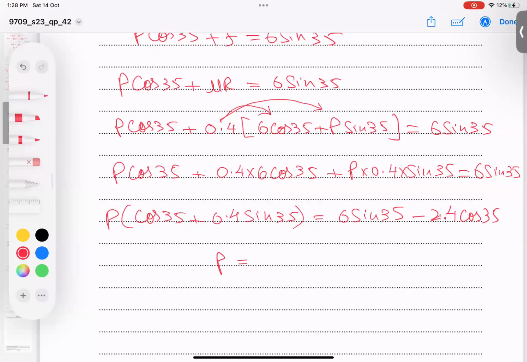If I type in the calculator 6 sine 35 minus 2.4, okay, what do I get? Yeah, I got 1.41 newtons. So Alhamdulillah Rabbil Alameen, I believe the point is very clear. And let's go for the next question.